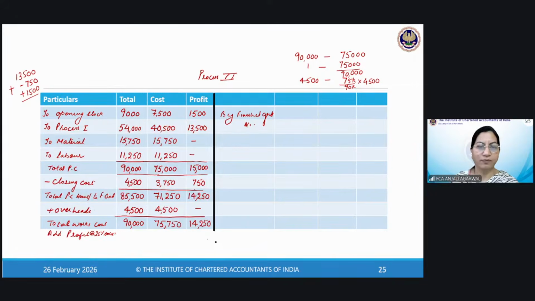So 13,500 plus 750, 14,250. Now you add the 25% profit of process 2. 25% of 90,000 will total to 22,500, which is no cost, pure profit.